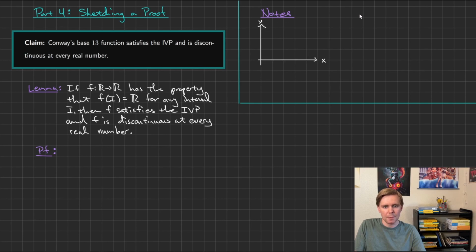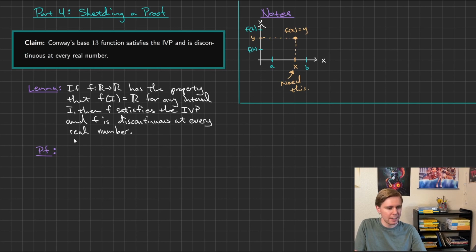If I have my xy plane here, the idea is if I pick an A and a B, and then I look at f of A and f of B, and I pick a y in here, then I need to find an x value in here such that f of x equals y. That's what I need. I need to show that that exists for any a and b and any y, like this.